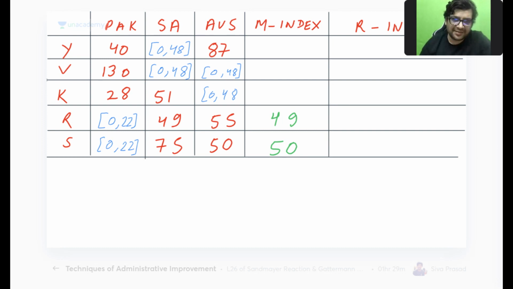but that doesn't help me. I can't really get a unique answer from there, because it is possible someone has a higher M index, it is possible someone has a lower M index. So what I need to do is look at all possible M indexes.